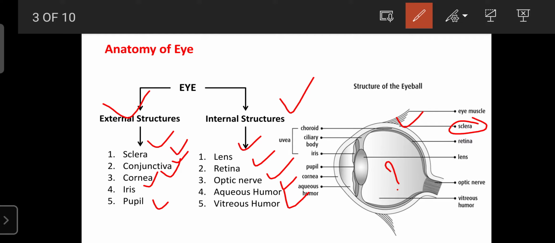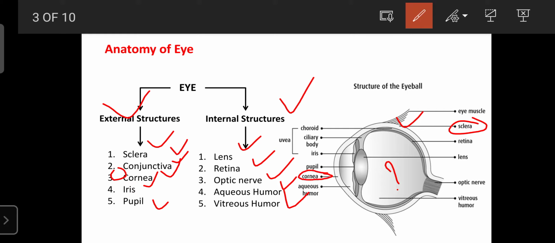The next part of the eye is known as the cornea. It is also a transparent layer of skin that spreads over the pupil and iris. Over the pupil and iris, one transparent layer is spread, and this is known as the cornea.